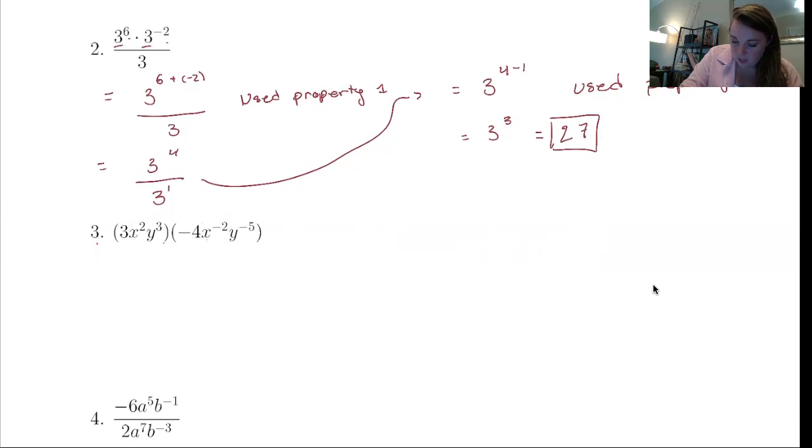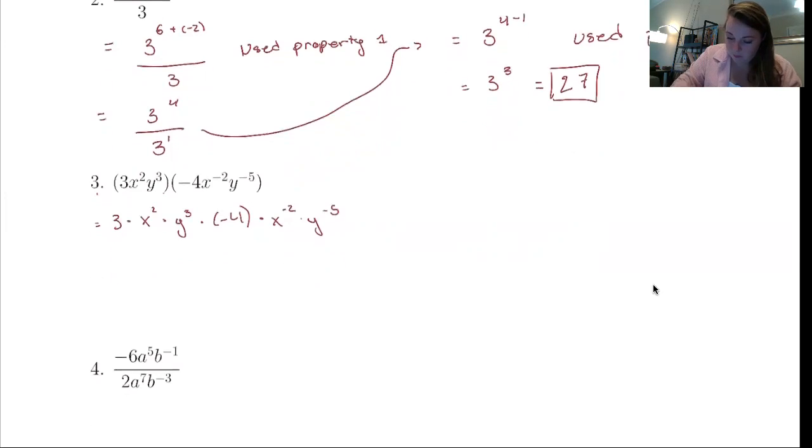So I'm not going to distribute to each one. Then I'd be doing 3 times 3 times 3, and that's different things. So I can think about this as 3 times x squared times y cubed times -4 times x to the -2 times y to the -5. So that's all it's saying. I don't need to distribute here at all. All right. I love organization.